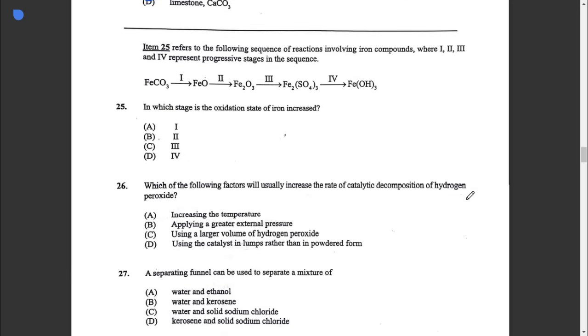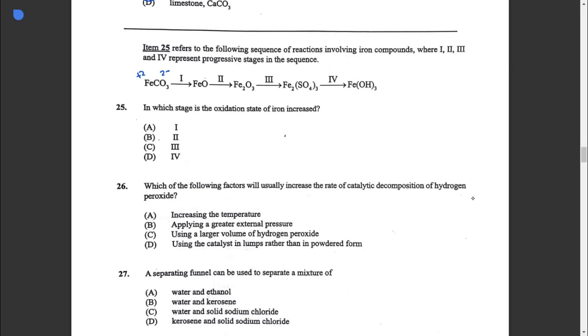Item 25 refers to the following sequence of reactions involving iron compounds, where 1, 2, 3, and 4 represent progressive stages in the sequence. In which stage is the oxidation state of iron increased? Here the carbonate ion is 2 minus. That means iron is +2 here in this case.